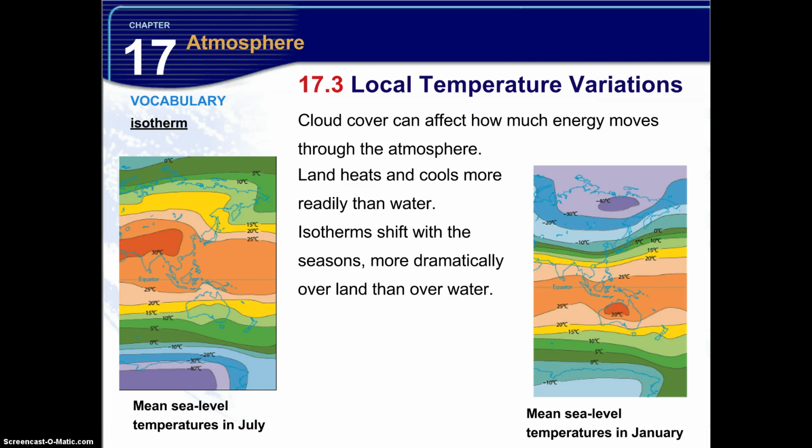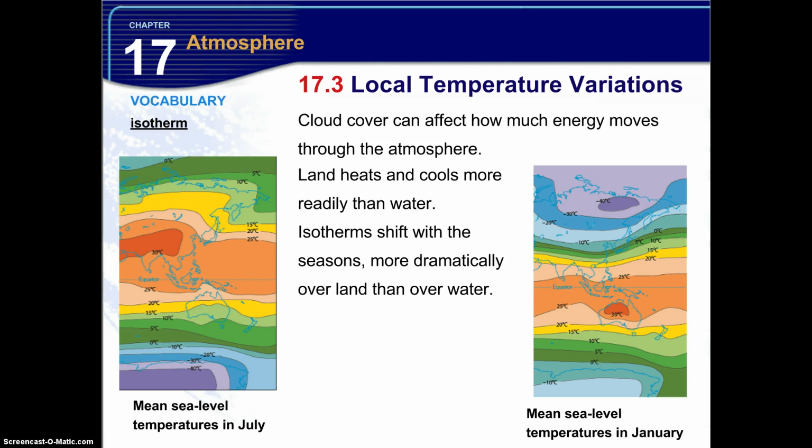Now, the intensity of insolation that reaches Earth's surface depends not only on the angle, but also on how much energy makes it through the atmosphere without being absorbed, reflected, or scattered back into space. Clouds reflect a significant amount of insolation back into space. More solar energy reaches Earth's surface on clear days than on cloudy days. More radiation travels through Earth's surface out to space on clear nights than on cloudy nights.